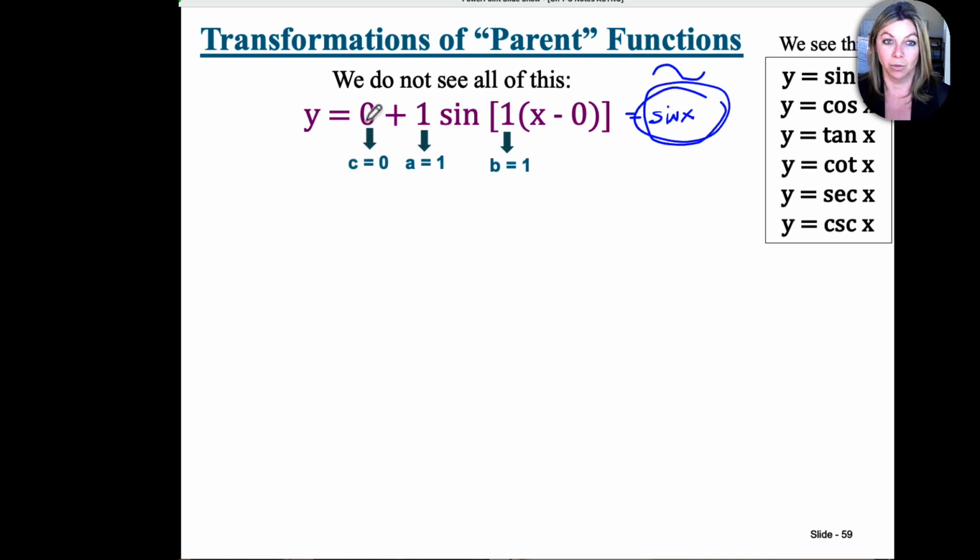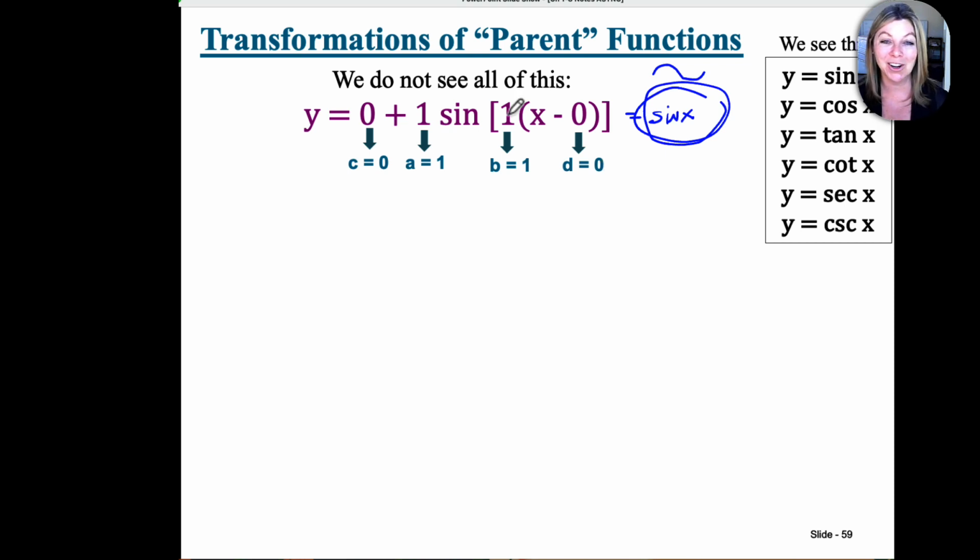This up here, we don't write 0 plus what we're working with, but we're going to identify if there is anything plus what we're working with. We're going to call that lowercase c. And the last 0, anything being subtracted from our variable, we're going to call that d. Okay, so we're going to use the alphabet.